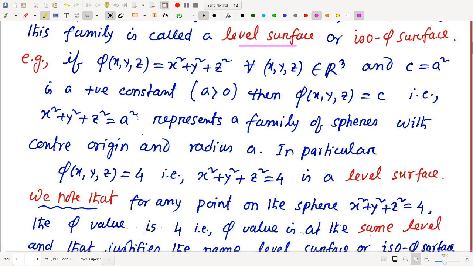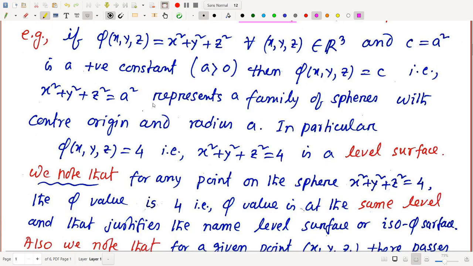Instead of C, it is a square. So this equation represents a family of spheres. All of you know this is a sphere. It is a family of spheres because a is arbitrary, with center at origin and radius a.